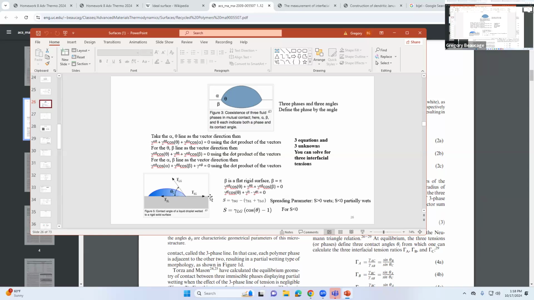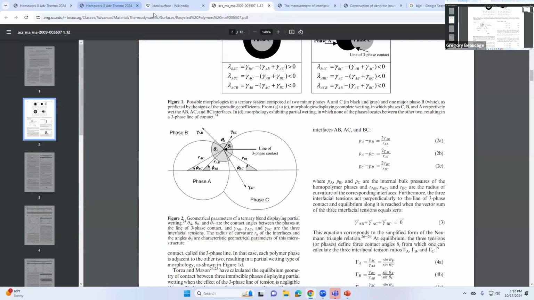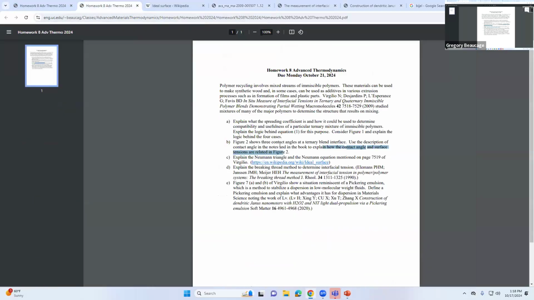Then you just do a force balance along the surface. And because of the cosine, you end up with the cosine of the angle giving you the surface tensions. That's basically the Young equation for contact angle. So that's the gist of that one.